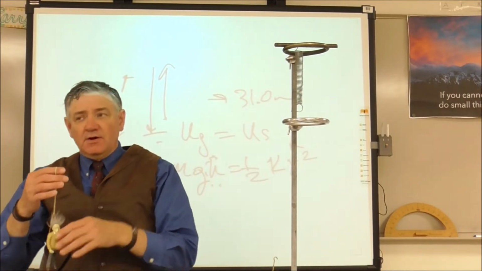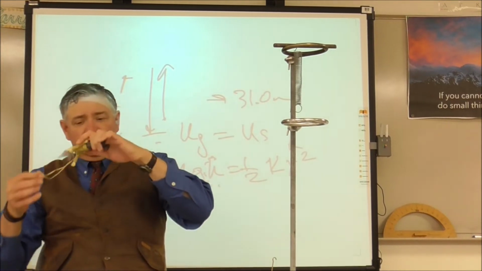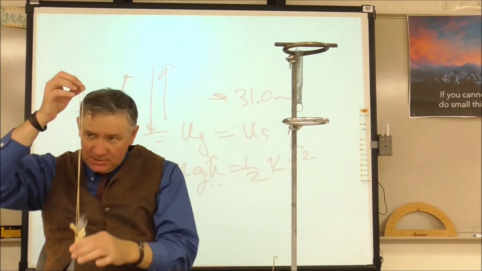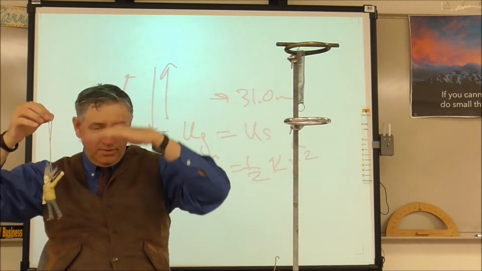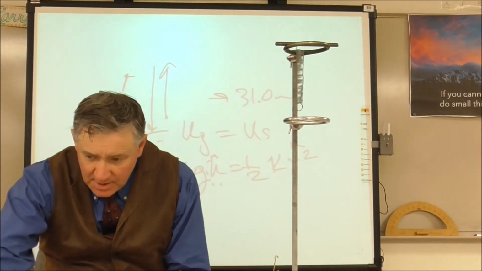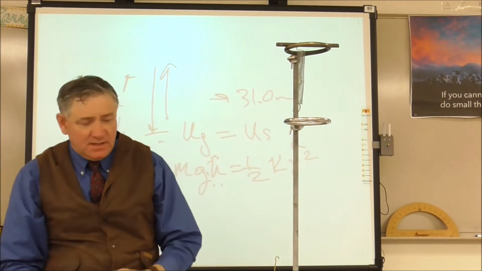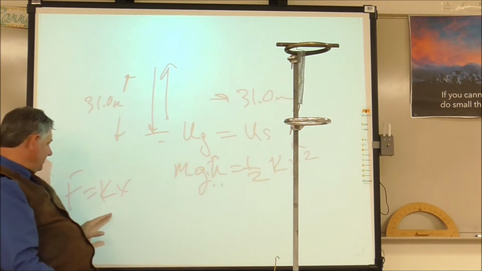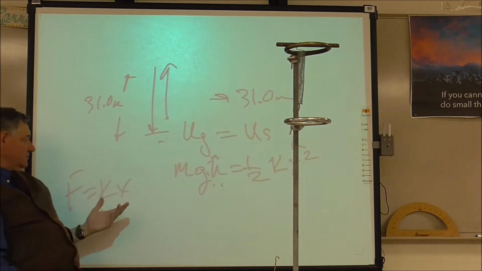So then, you're going to say, okay, well, let's look at this from a force standpoint. As that bungee cord gets stretched, there's more and more of that force acting upward, it gets bigger and bigger, because the upward force from the bungee cord is going to equal F equals kx, okay? Well, you're not going to change k because that's the spring constant, okay?